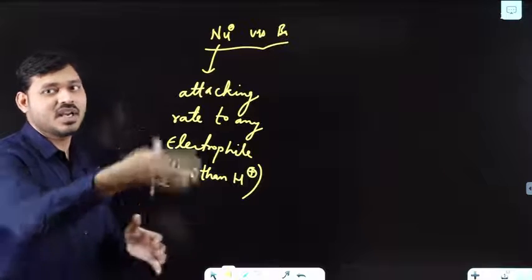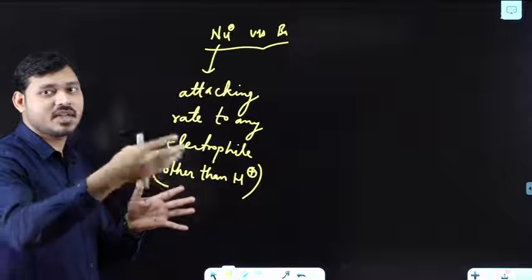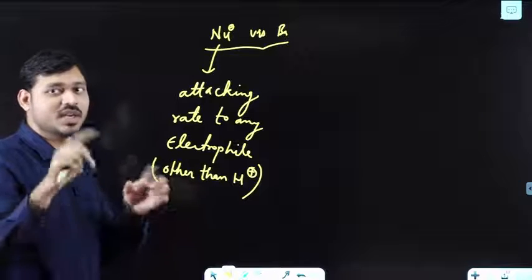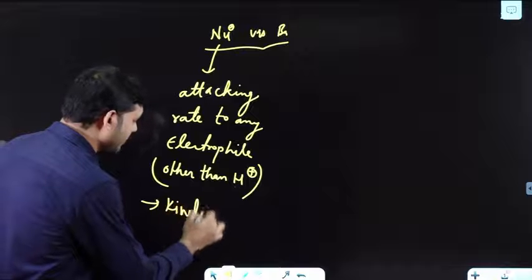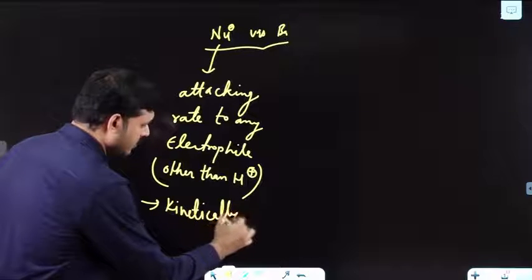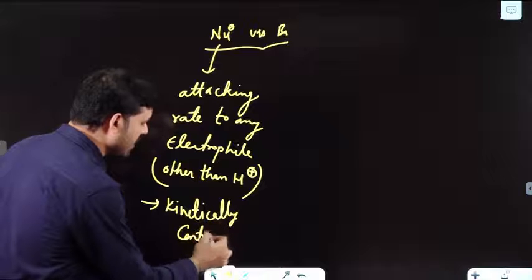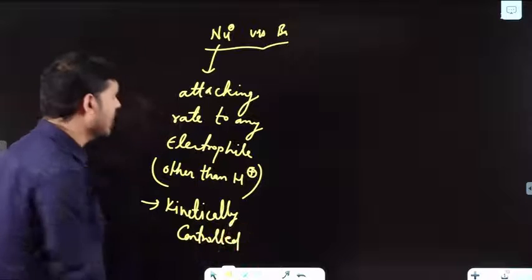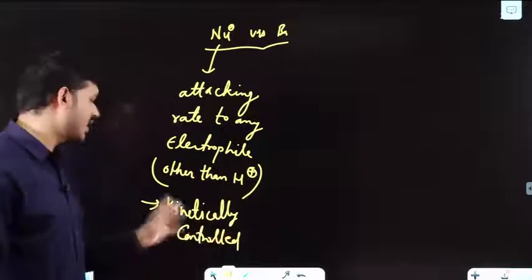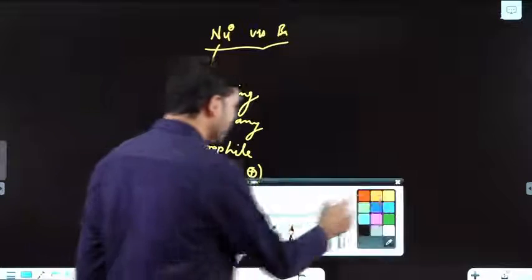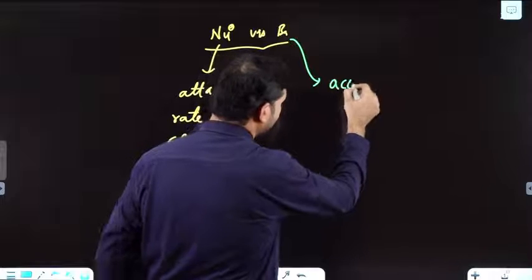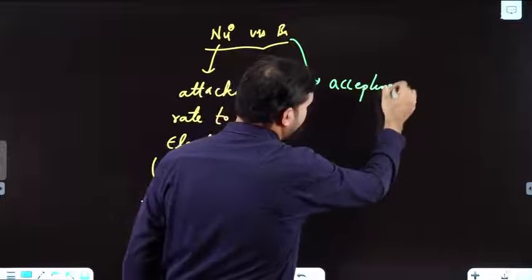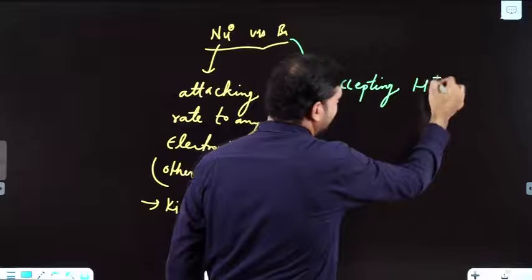Rate means which will react faster and which will react slower. So it is actually kinetically controlled. Nucleophilicity is a kinetically controlled entity, while basicity is about accepting H plus.